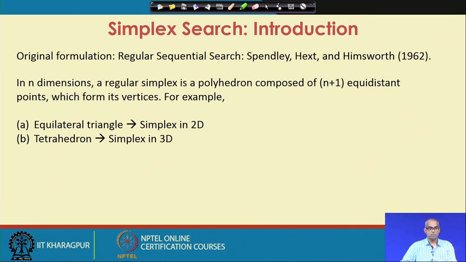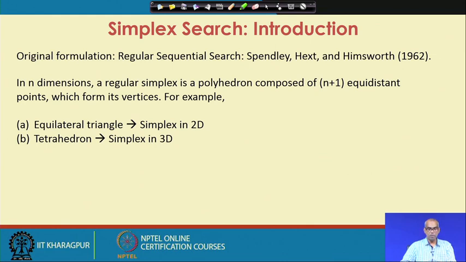What is a simplex? In n dimensions, a regular simplex is a polyhedron composed of n plus 1 equidistant points which form its vertices. So, in 2 dimensions, a simplex will be a regular geometry composed of 2 plus 1, that means 3 points.